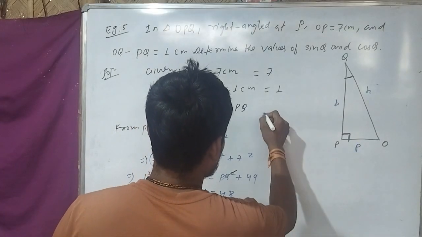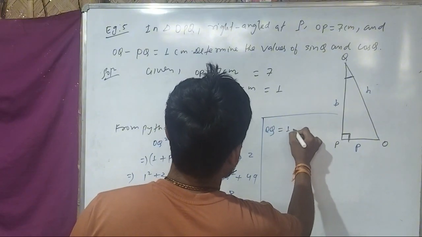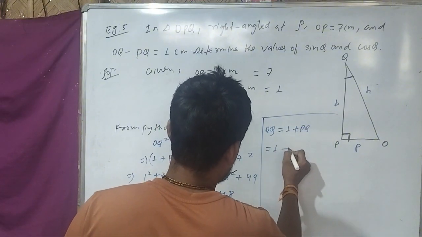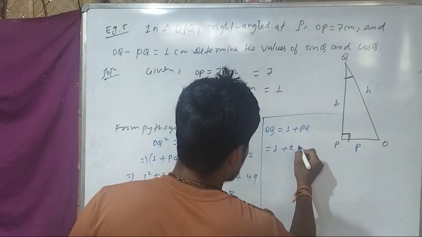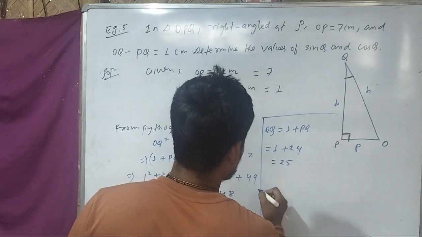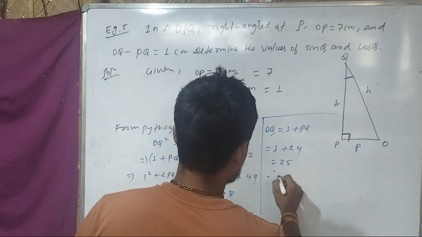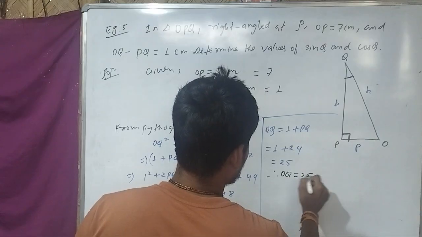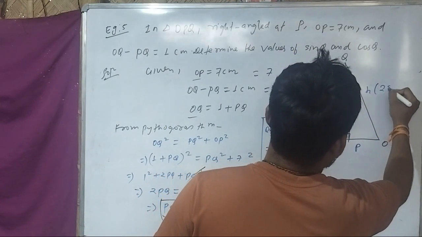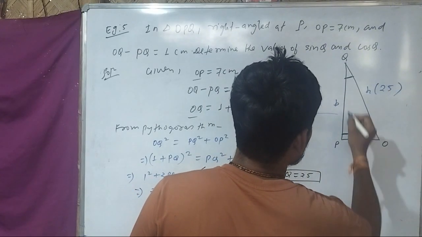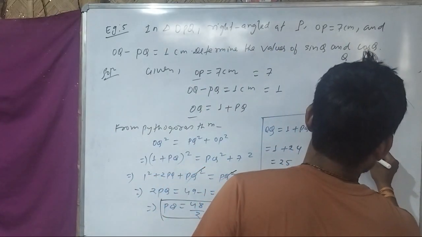OQ is 1 plus PQ, that is 1 plus 24, that is 25. So OQ equals 25, PQ is 24, and OP is 7.